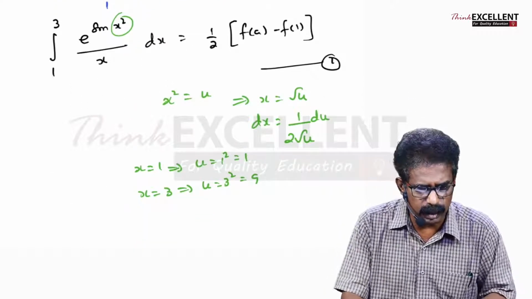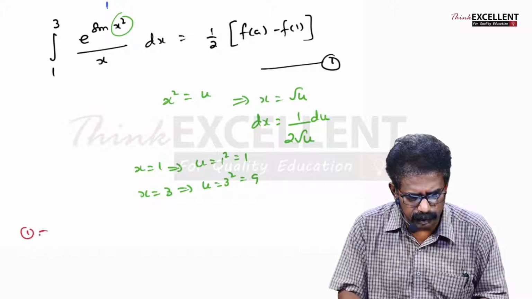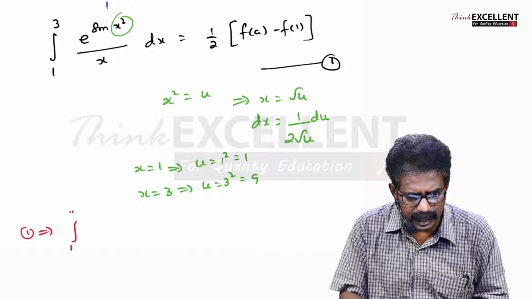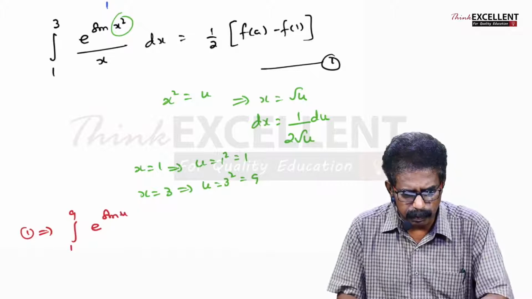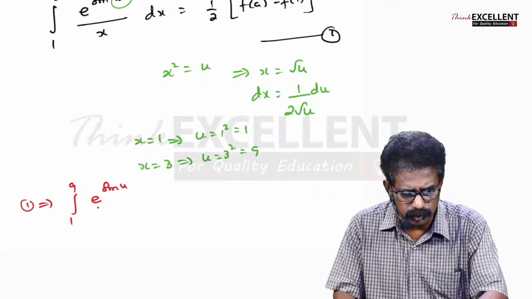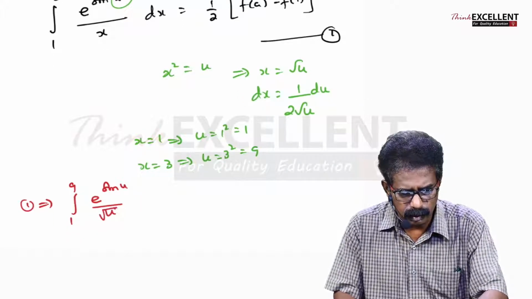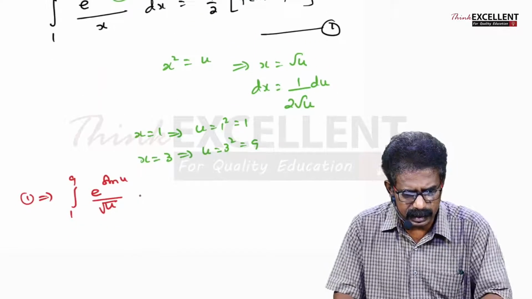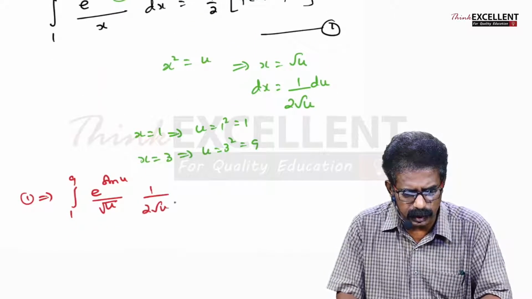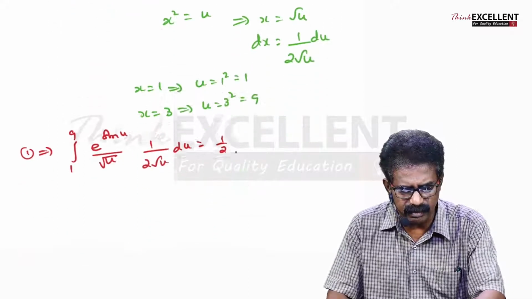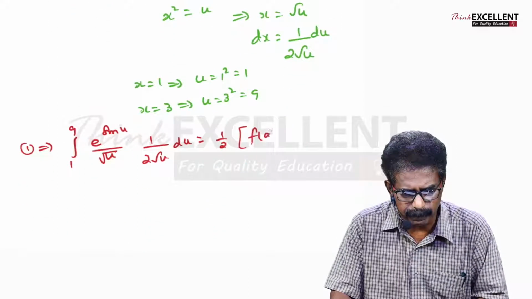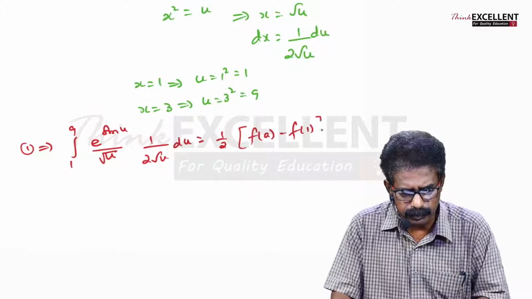So equation 1 becomes integral 1 to 9 e raised to sin u by x, x value root u, into dx, dx is 1 by 2 root u du, equal to, they have given us, 1 by 2 into f of a minus f of 1.